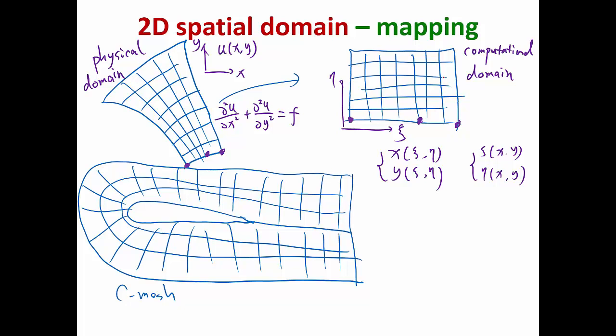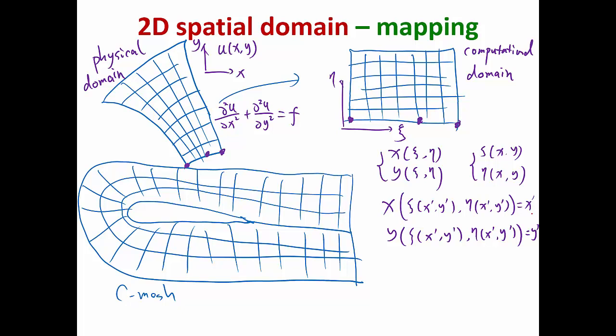physical domain. And through the inverse map, x of xi of x prime and y prime, eta of x prime and y prime is equal to x prime. And y of xi of x prime, y prime, eta of x prime, y prime is equal to y prime. So basically, if you map it from x and y to xi and eta and map it back, you are going to get the same point.